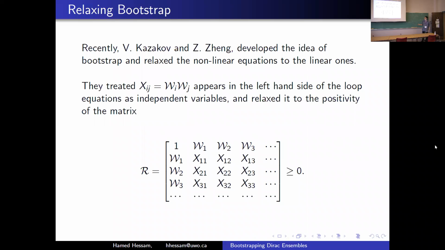And then they claim that by using the new variable x_ij as w_i times w_j and using the positivity of this matrix, as you can see, if x_ij becomes w_i times w_j in the answer, the rank of this matrix becomes 1. So it's like the critical point of the solution.